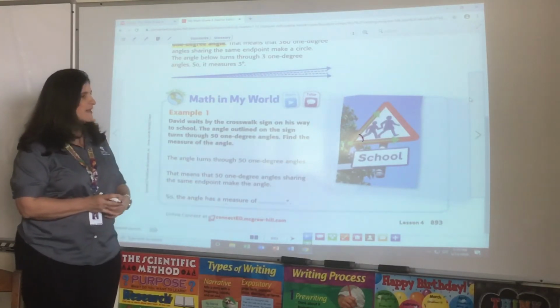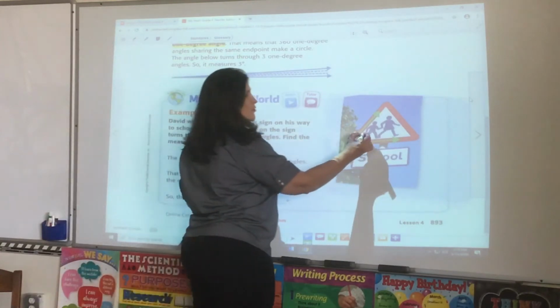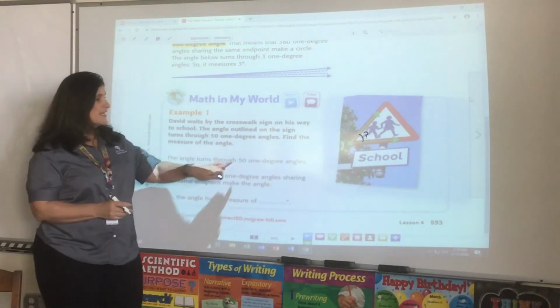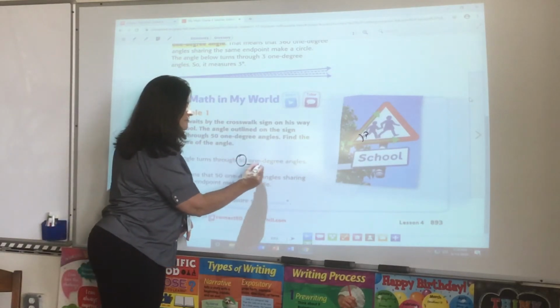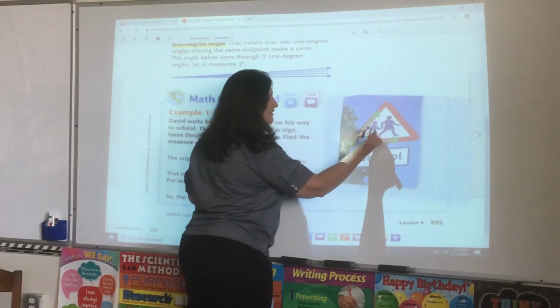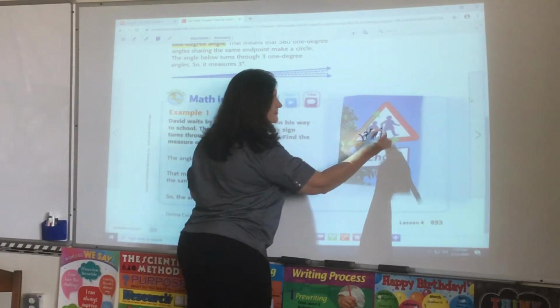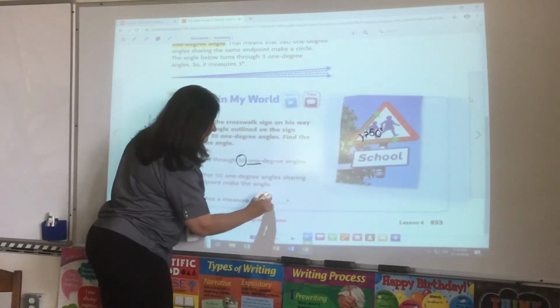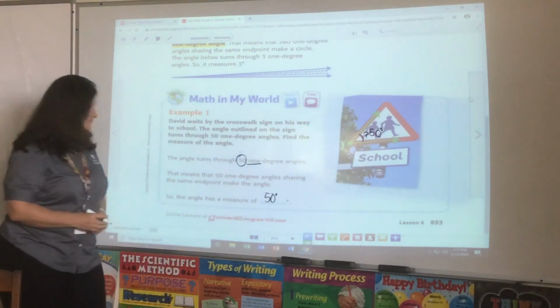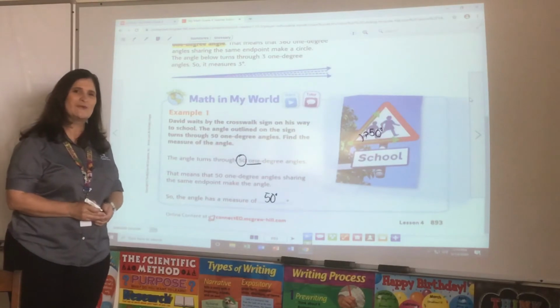So the angle has a measure of, so they want to know what is this. Okay? And they've already told us it moves 50 1-degree angles. So the measurement of this angle is going to be 50 degrees. And they've already given us the degree mark there, but you can also write it. Okay, let's continue with the next example.